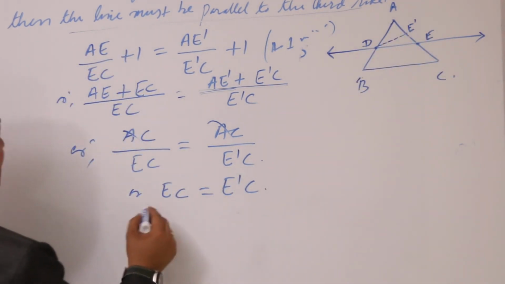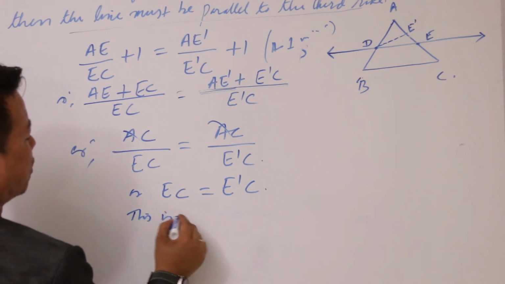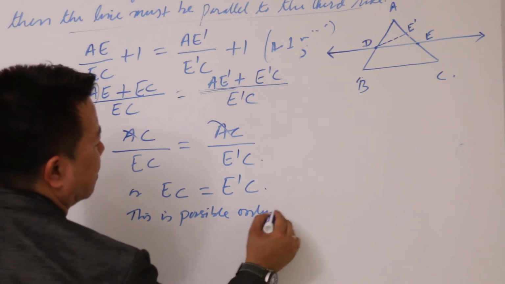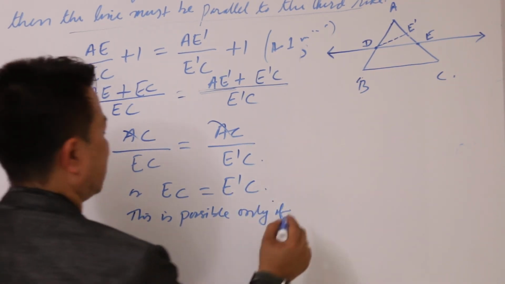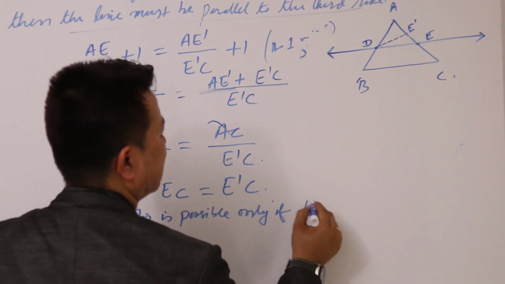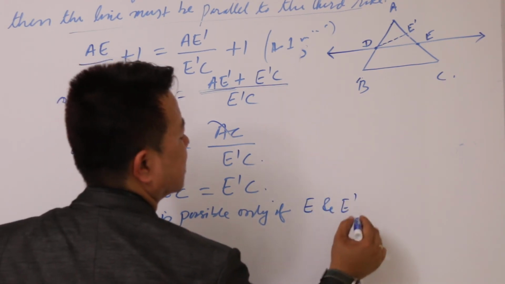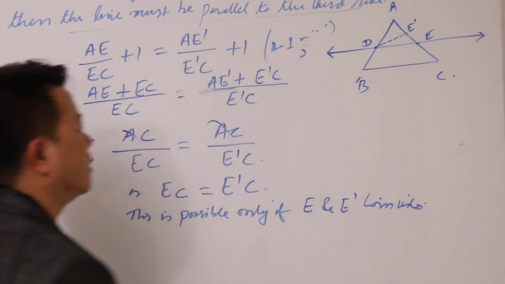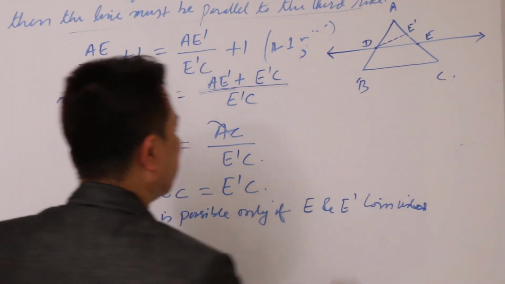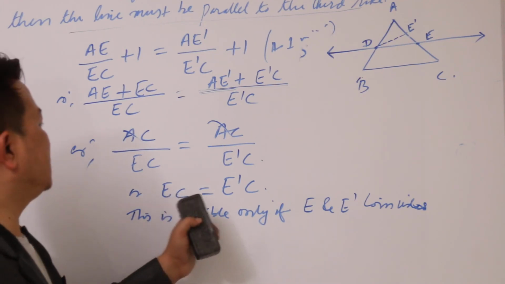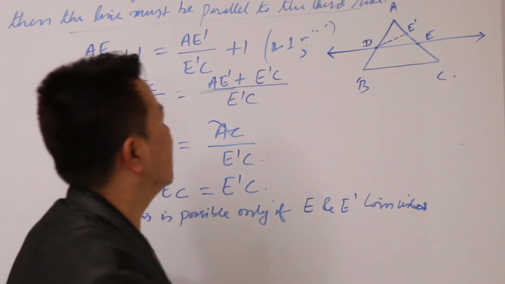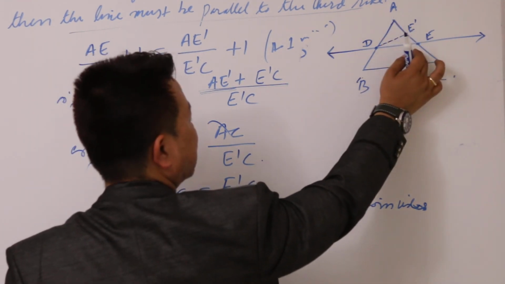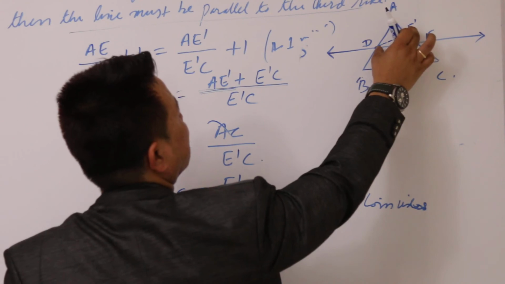So you can write, this is possible only if E and E' coincide. EC is equal to E'C only if E and E' coincide.